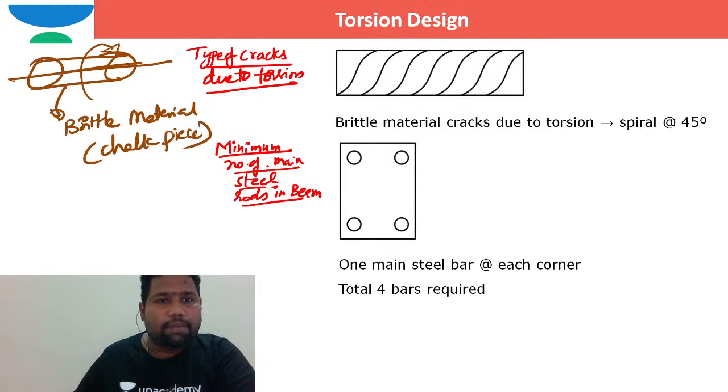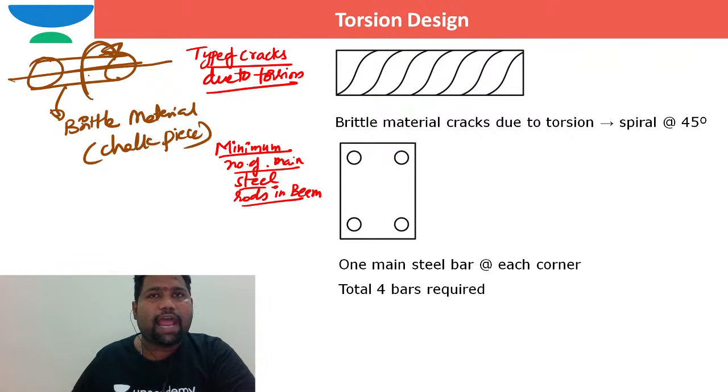In case of brittle material, when it is subjected to torsional moment in this way, in what direction will the cracks happen? I just want to convey that due to torsion, the way of failure is mostly by shear failure.